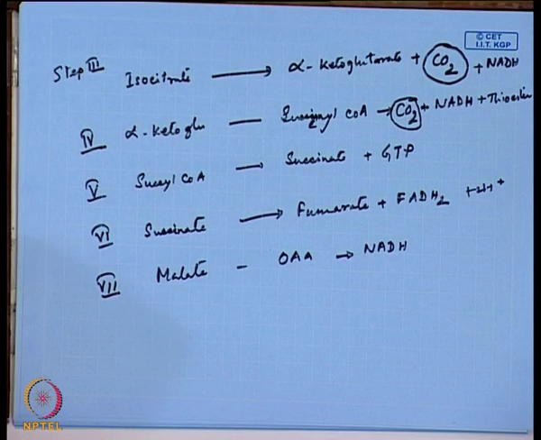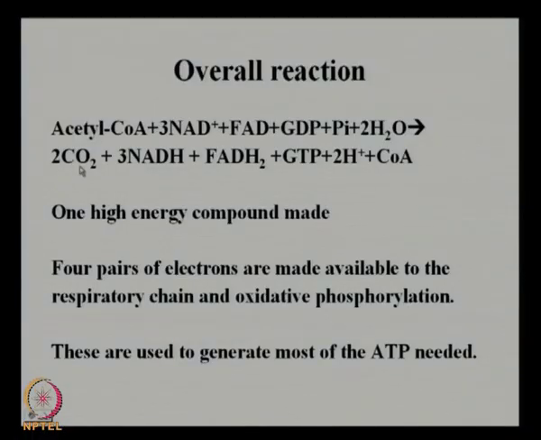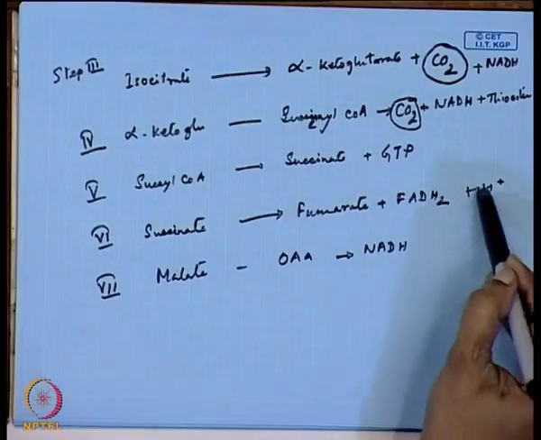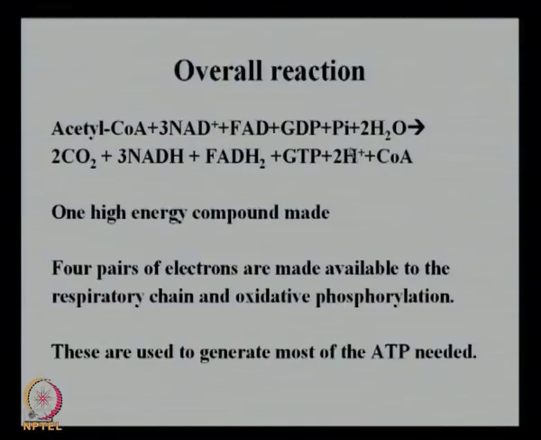So, it results in 2 molecules of carbon dioxide, 3 molecules of NADH, 1 molecule of FADH2, 1 molecule of GTP, 2 H plus and 1 coenzyme A, which is produced from 1 molecule of pyruvate.